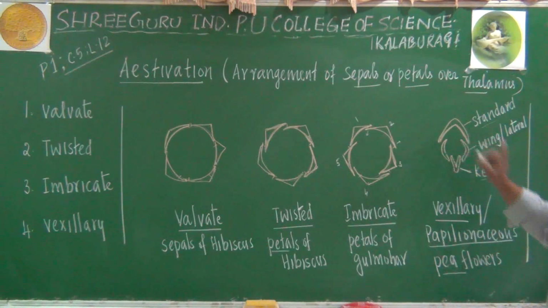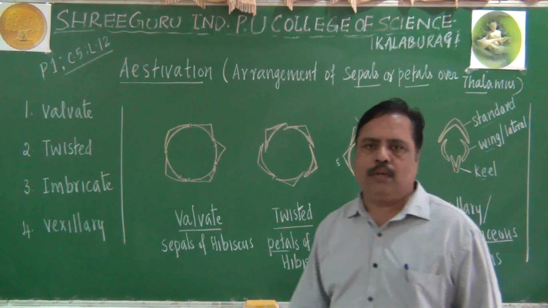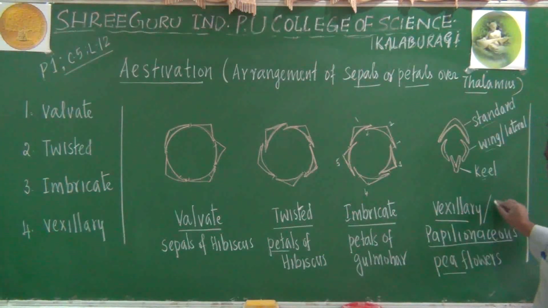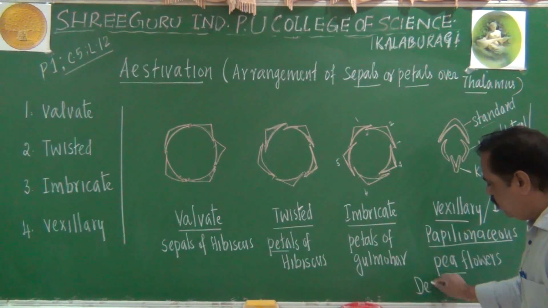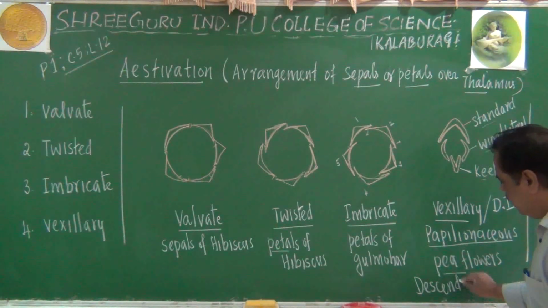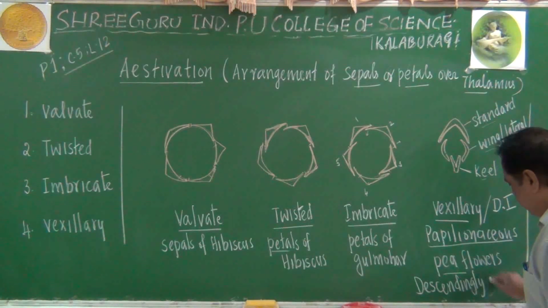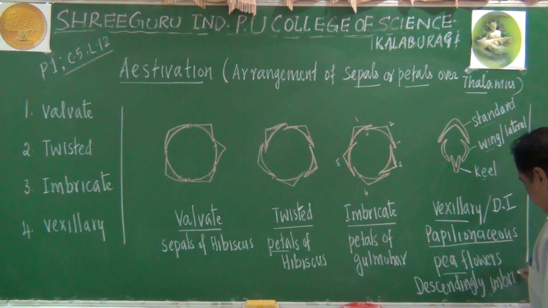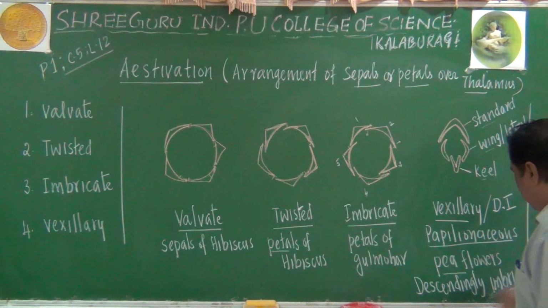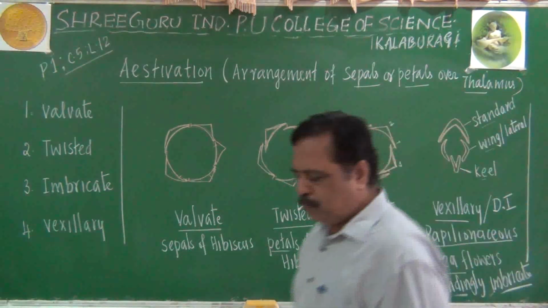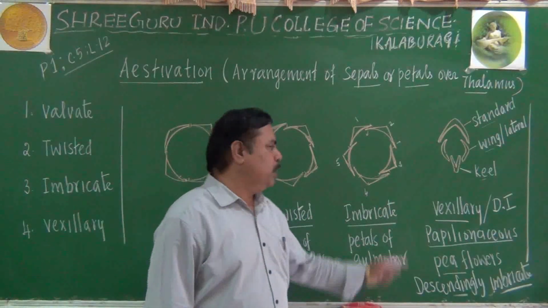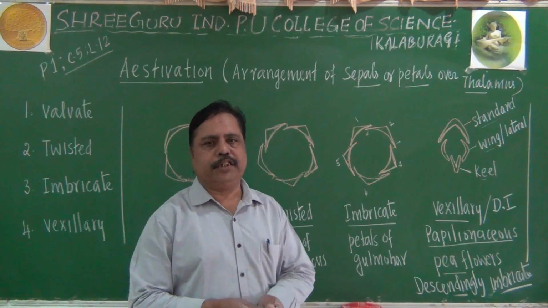Or otherwise, it can also be called descendingly imbricate aestivation. Remember, pea plants, pea flowers exhibit this descendingly imbricate condition.